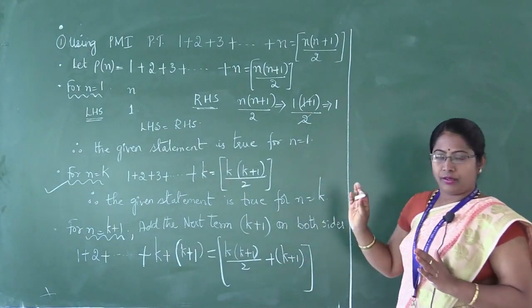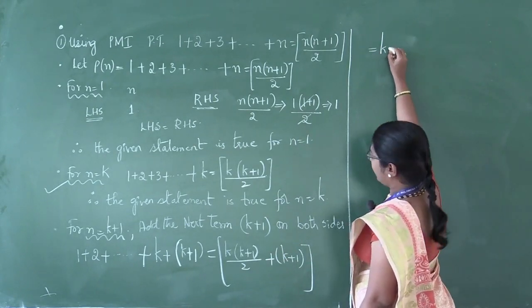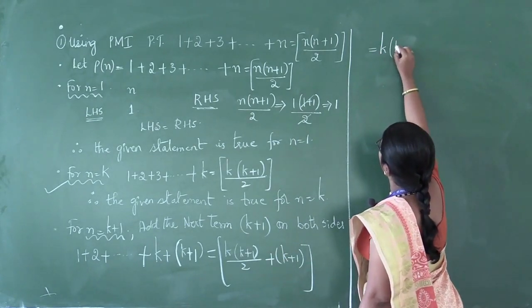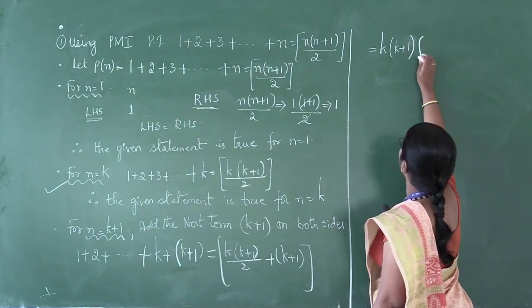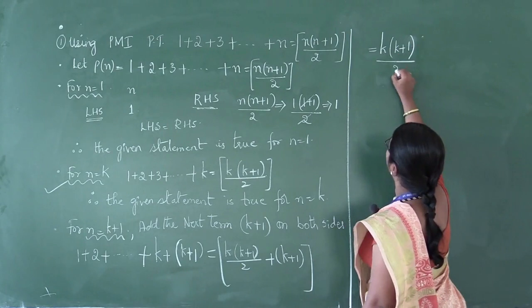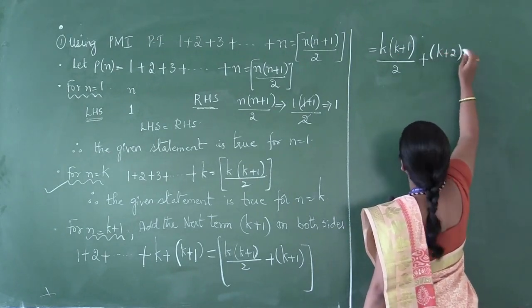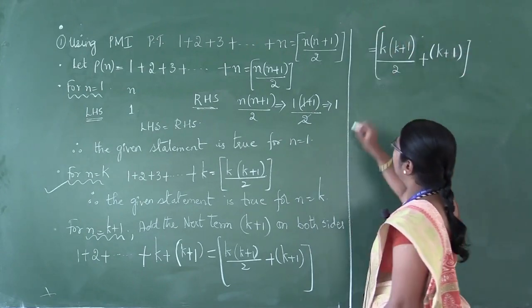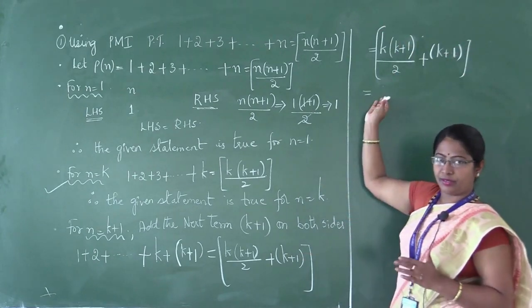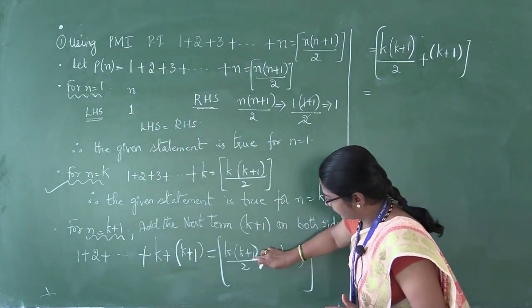Simplification part. Consider RHS. What is here? K into k plus 1 divided by 2 plus k plus 1.